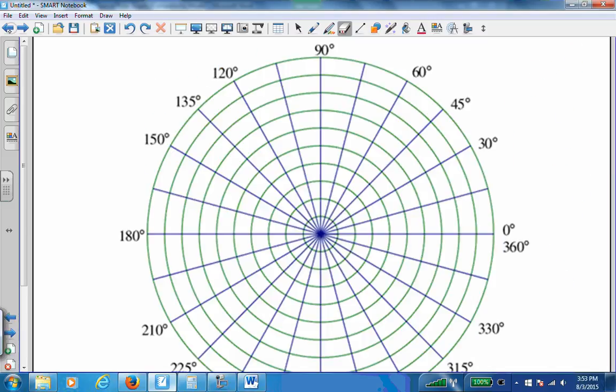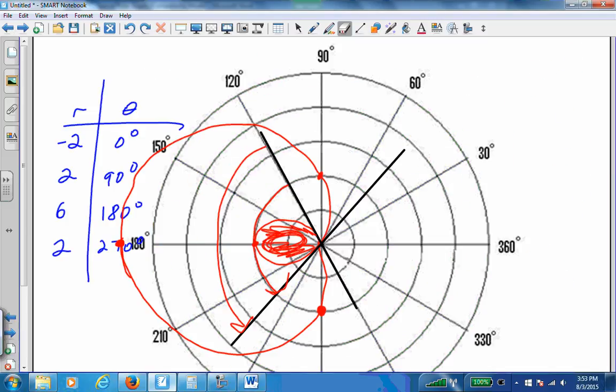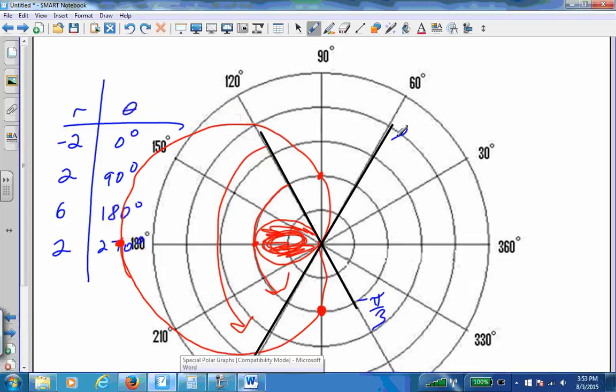If we go back to our graph, notice this line is in the direction of negative pi over 3. If we adjust this to correct, this is in the direction of pi over 3. So at pi over 3 to negative pi over 3, that's when we're in that inner loop.